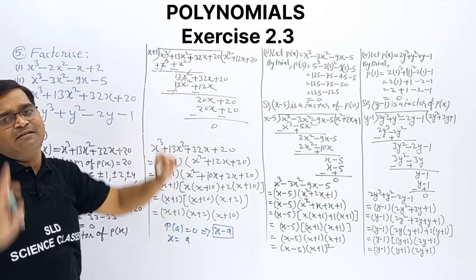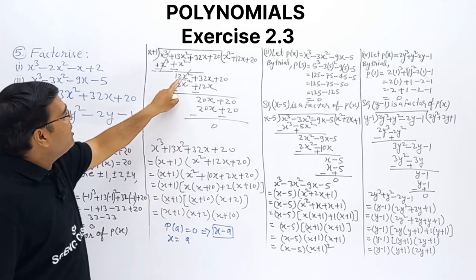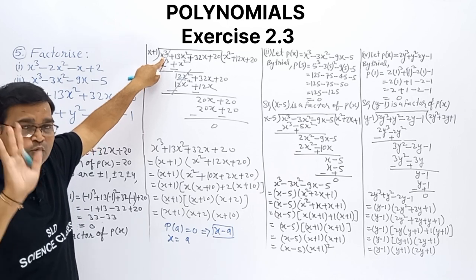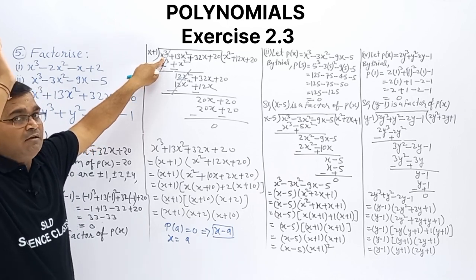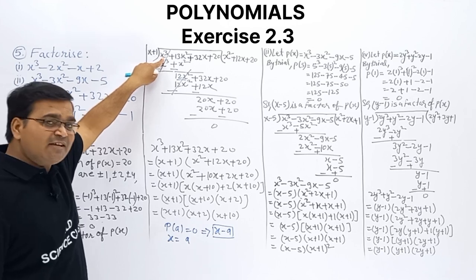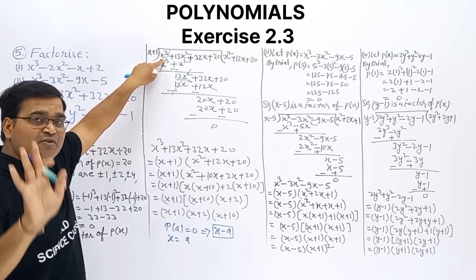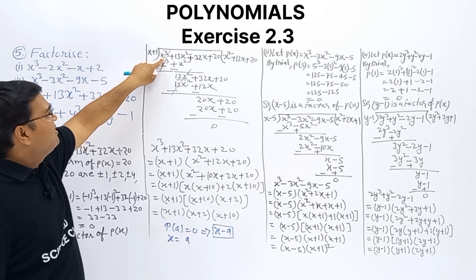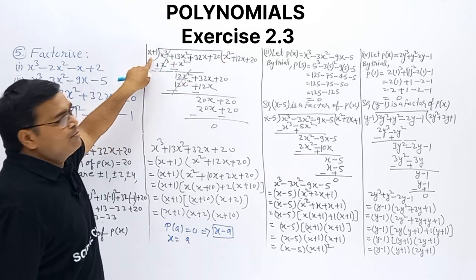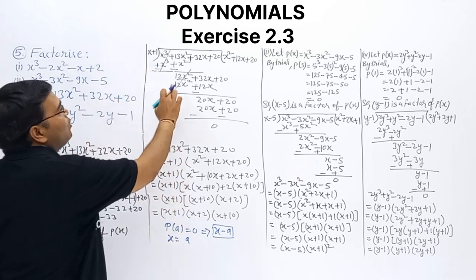There is a 12x square and there is an x cube. The first term is x cube. We want to neglect the first term. When we subtract, we are getting 0. We can cancel. Yes? So x cube, we are multiplying by x square. Clear?